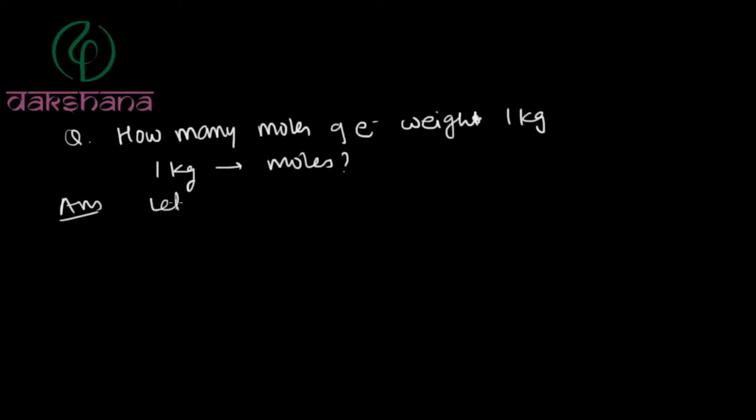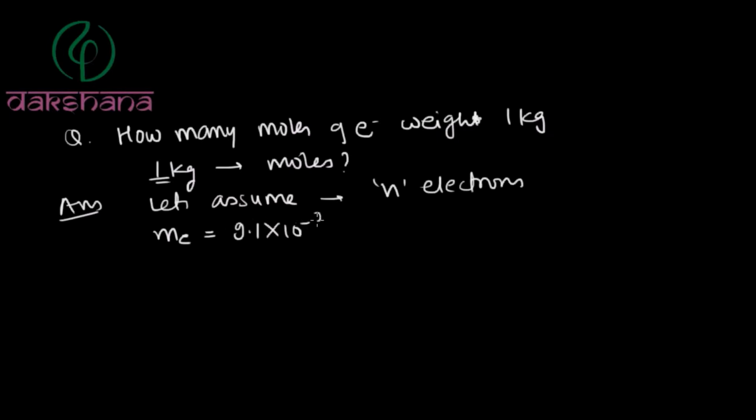Okay, now let's assume that there are n electrons in 1 kg. So what is the mass of one electron? Me, that is the mass of one electron, is equal to 9.1 into 10 to the power minus 31 kg.